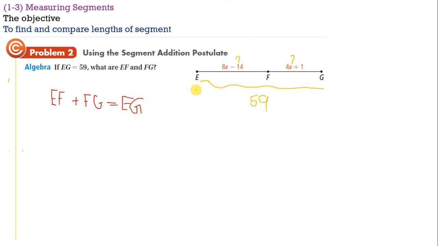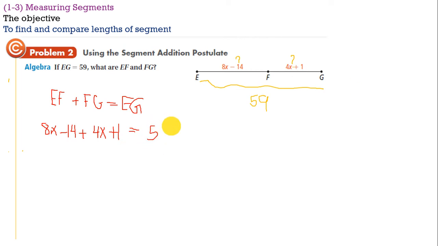Now, you just need to exchange what you have. You need to use things that are given to you. So 8x minus 14 plus 4x plus 1 equals EG, which is this one, which is 59.